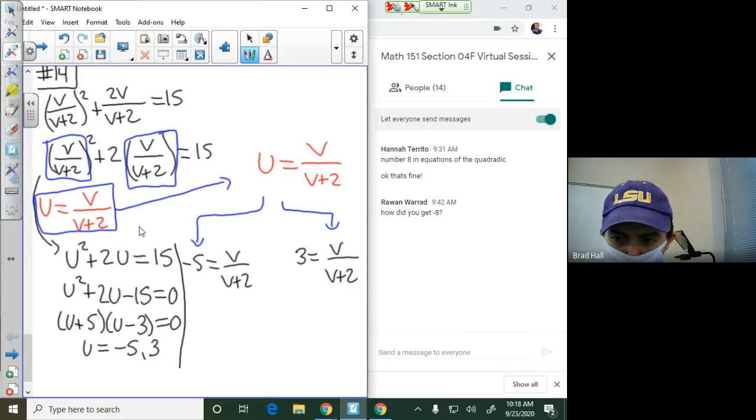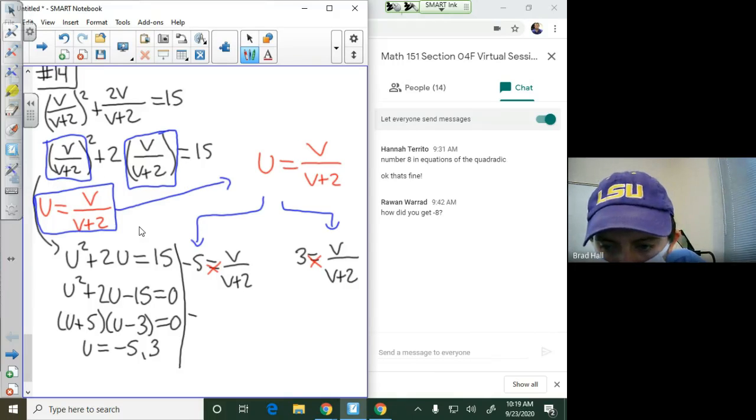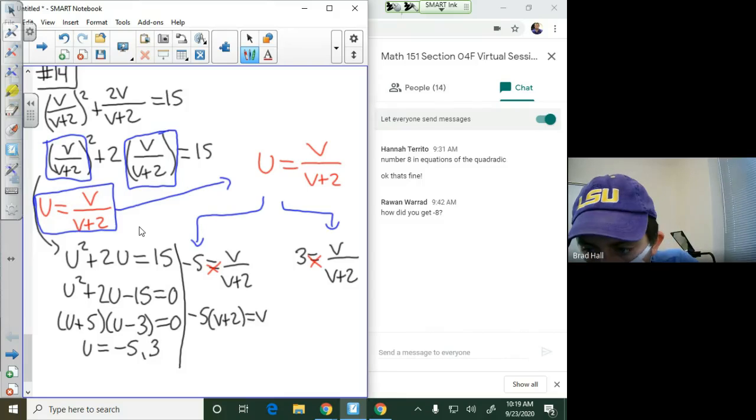So in both cases, we can cross multiply, which would give us -5 times (v plus 2) is equal to v, and 3 times (v plus 2) is equal to v.